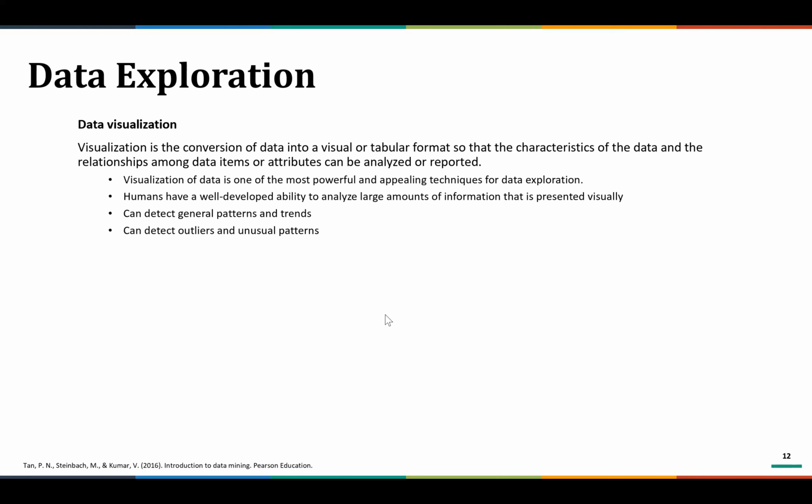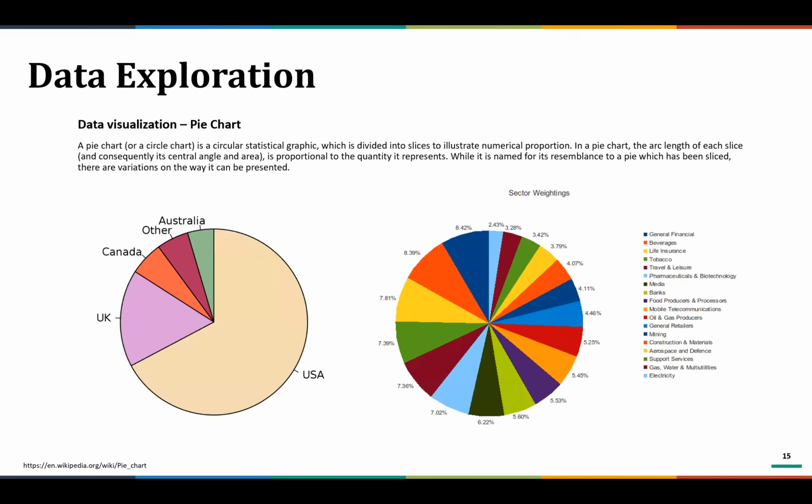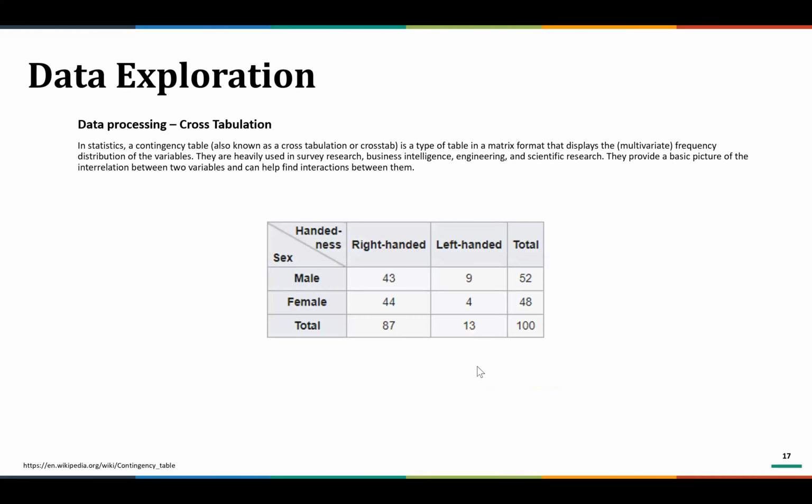This would be the theory about data exploration and visualizations: bar chart, box plot, pie chart, which I think you already know. Now it's about trying them and seeing which visualization approach works best for which type of data you are going to analyze.